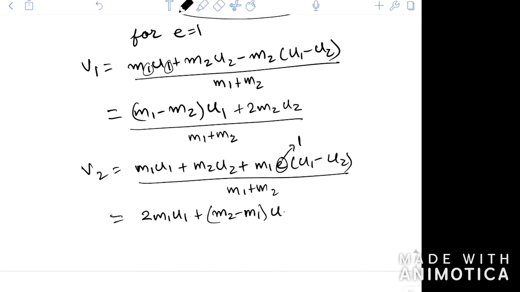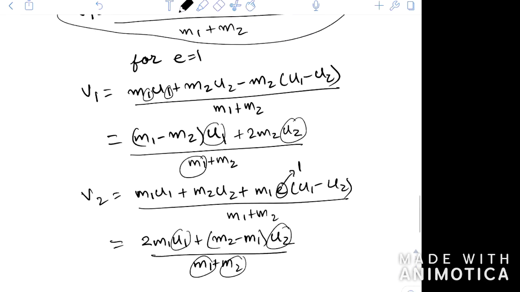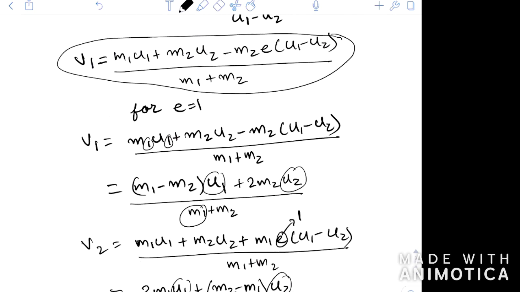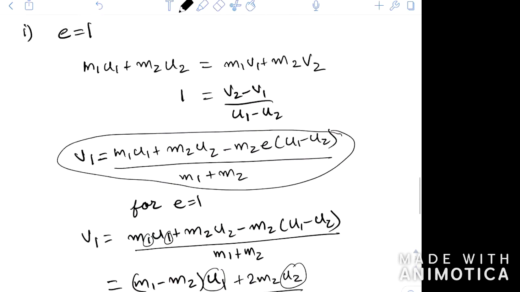You see the equations are exactly symmetrical. Just replace 1 with 2 and you would get the second equation. Okay, now here, special of special case. So e is already equal to 1, so it is an elastic collision.